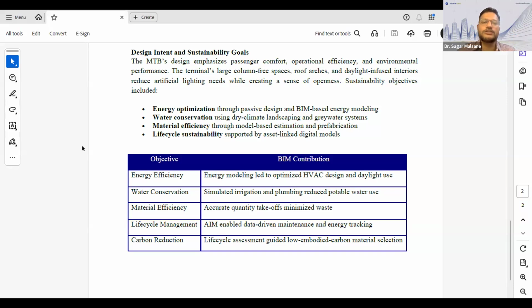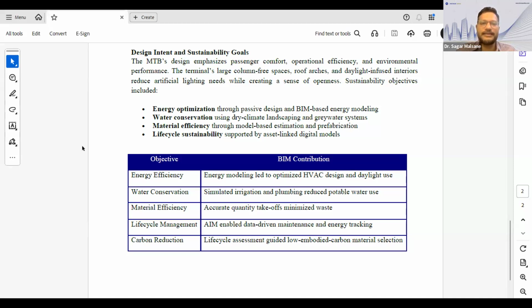Then another goal was material efficiency. It is very well known that through BIM, you can precisely quantify material very effectively and in a very speedy manner. And accurate quantity takeoff can also minimize wastage at the procurement level as well as at the execution level.